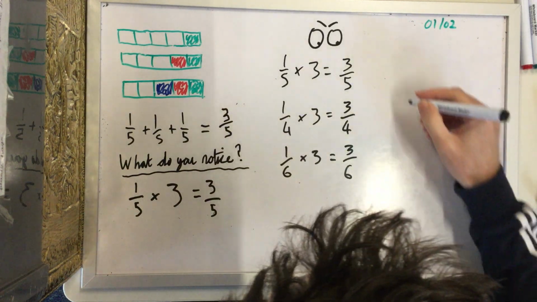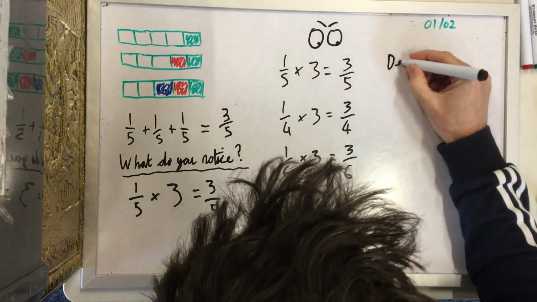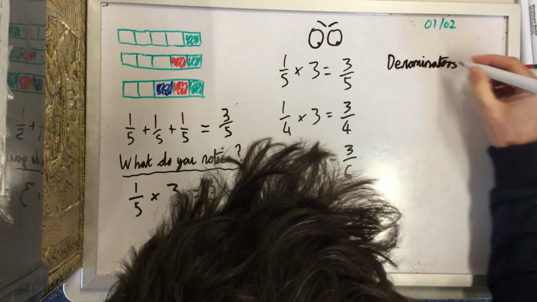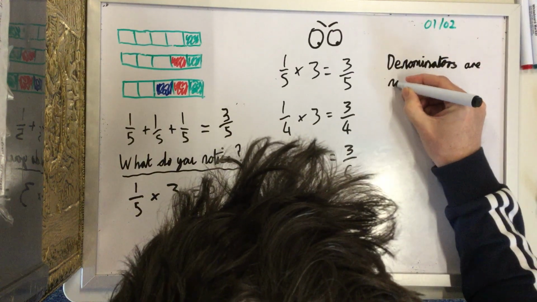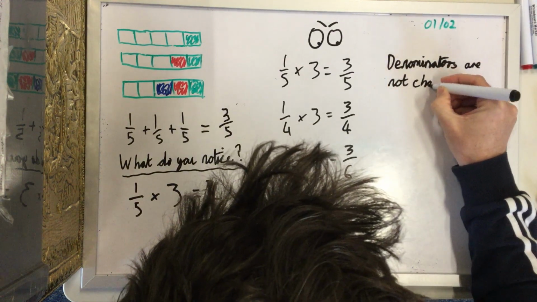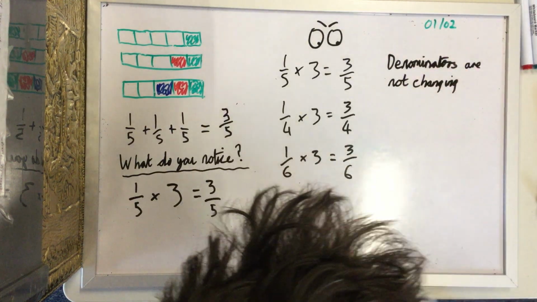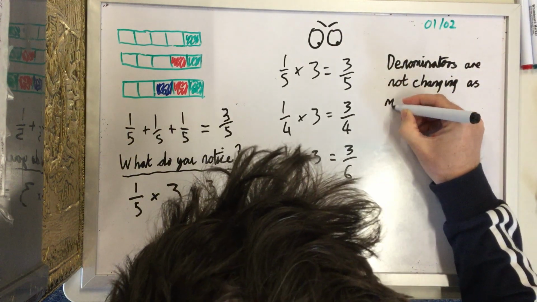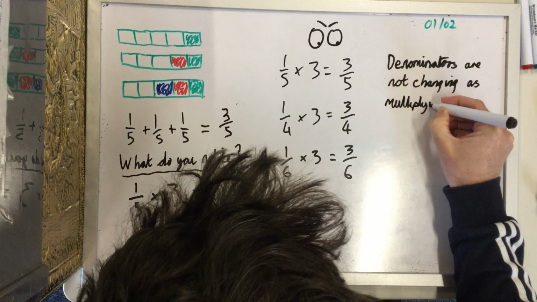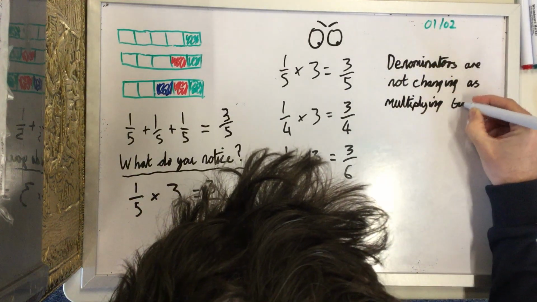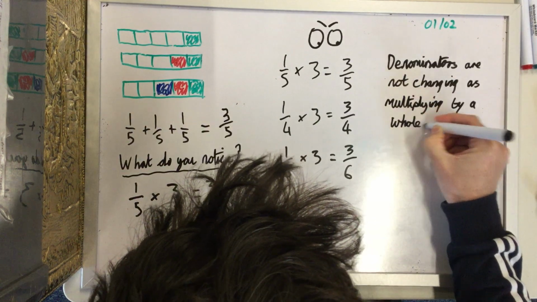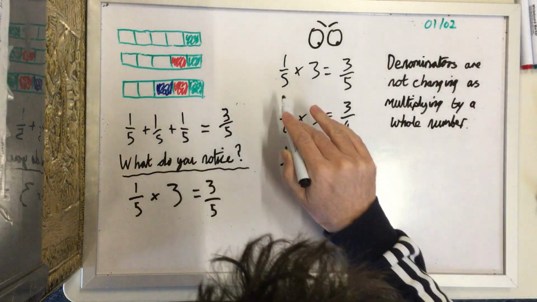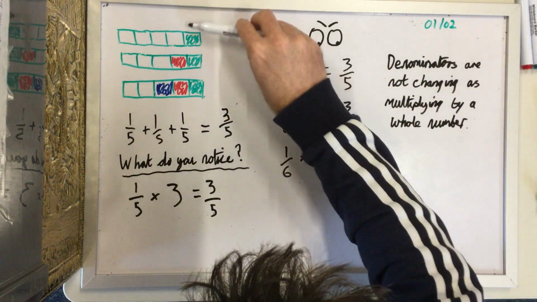Okay, so what you might have noticed is that the denominators are not changing. And that's because we're multiplying by a whole number. So you can see 1/5 times 3, which is this one here.